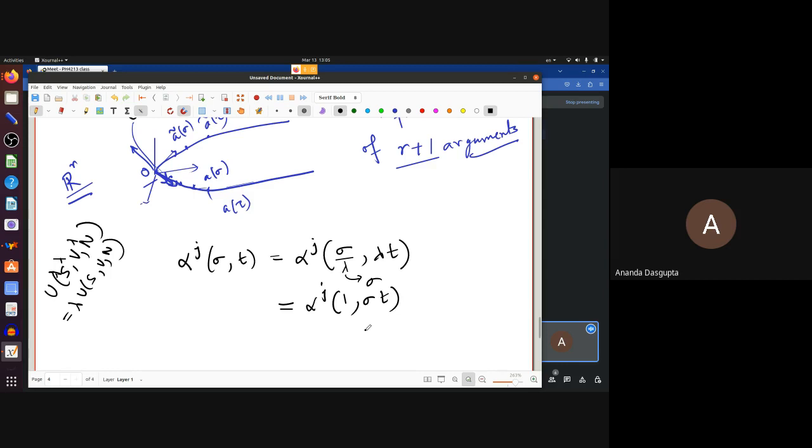Which is of course correct, but it also tells you that ultimately it only depends on sigma t. It does not depend on 1. 1 after all is a constant. It does not depend on sigma or t separately. It only depends on sigma t. That is a function which I should use a different name for: chi j of sigma t. Is that okay?